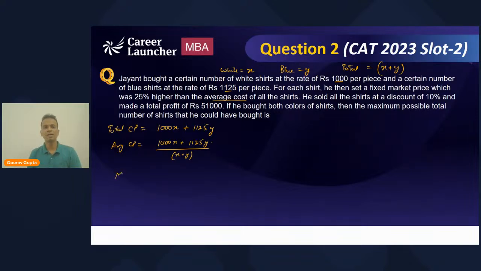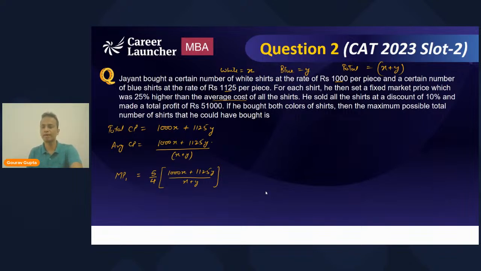So market price of each shirt is 25% higher than this value. 25% is 1 by 4. So 25% higher, can I say that it will be 1 plus 1 by 4? That means 5 by 4 times the average cost price, that is 5 by 4 times (1000x plus 1125y) upon (x plus y). If you don't understand any step, please immediately tell me and I will repeat that step.